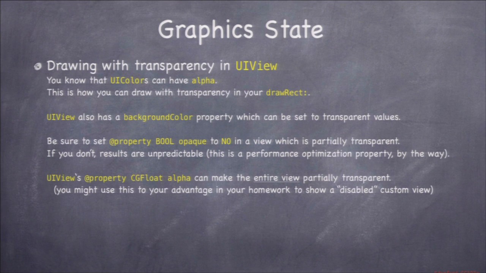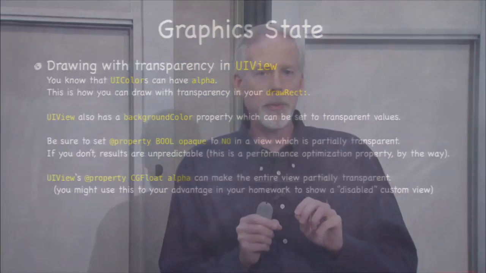So I don't want it to be opaque. So you're going to see in our demo, we're going to have to turn this opaqueness off. The way you turn the opaqueness off is you have to set this property opaque in UI view to no. In other words, you have to tell the system this view is not opaque, even if you set the background color to nil, which means I don't want a background color, it still won't be transparent because of this.